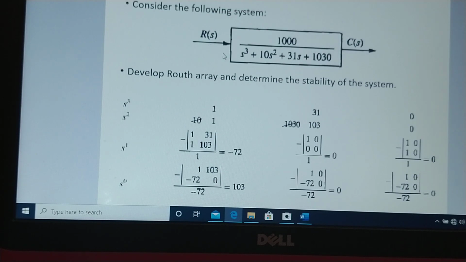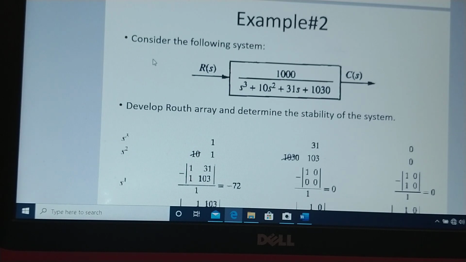Example 2: consider the system with R(s) input, C(s) output, and take the transfer function. In the same way, the highest order is 3, so we take s^3, s^2, s^1. The first row is 1, 31, 0, the next is 10, 10, 0 (1, 1, 0 after scaling). Now if you divide by 10, it becomes easy for solving.